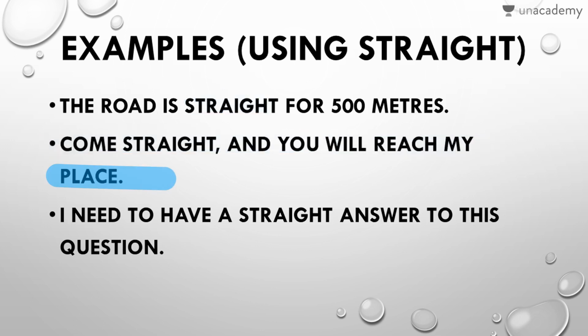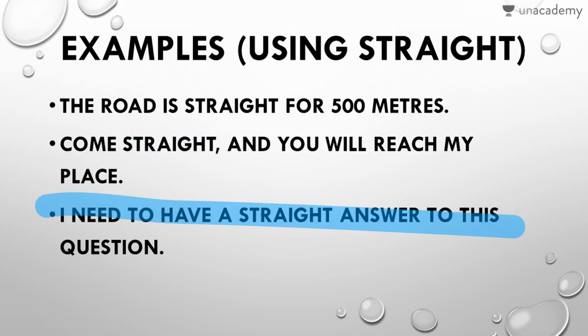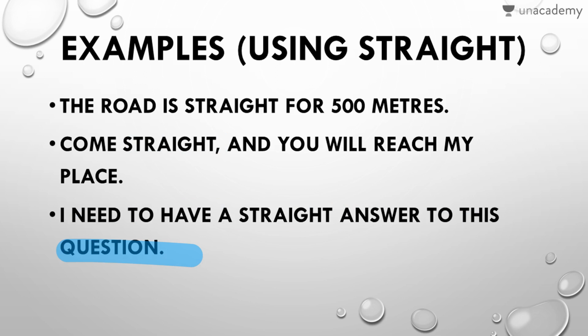This means come in one single direction. Do not take any turn and you will reach my place. Now last example is, I need to have a straight answer to this question. This means I need to have a direct answer. Okay, I don't want indirect or confusing twisted answers, but I want an answer which is straightforward, or which is to the point.